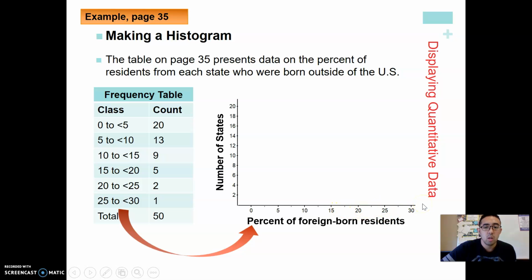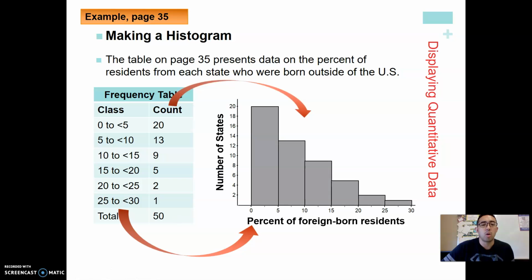All right, then we put our bars. There are 20 states that are between 0 and 5%, 13 states that are between 5 and 10%, so on and so forth, right?